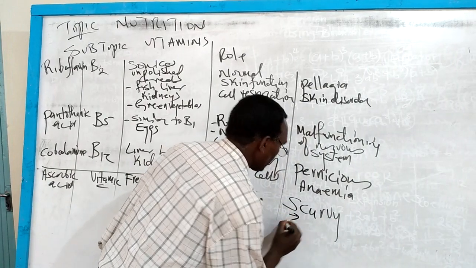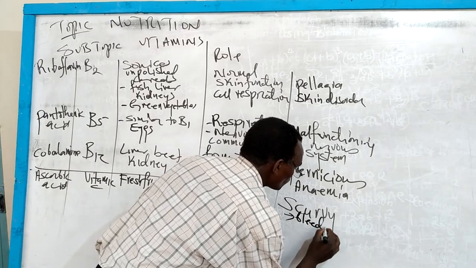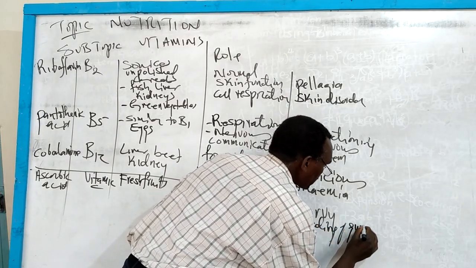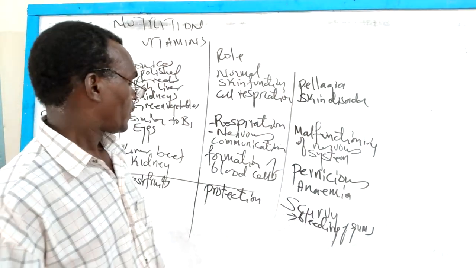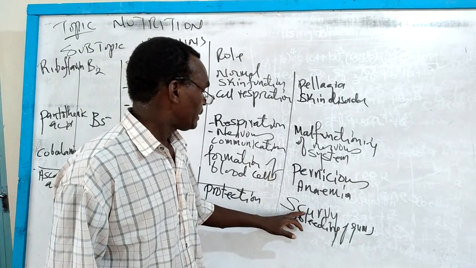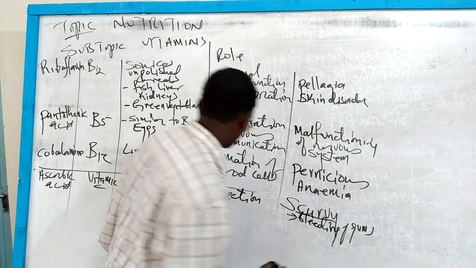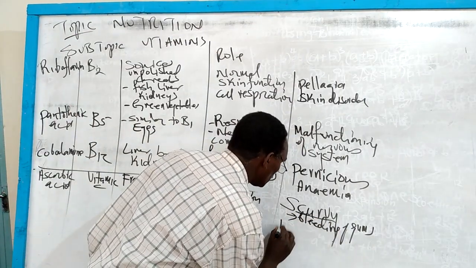And this scurvy is indicated by bleeding gums, bleeding of the gums of the teeth, particularly early in the morning. In addition to scurvy, we also have generally reduced immunity.